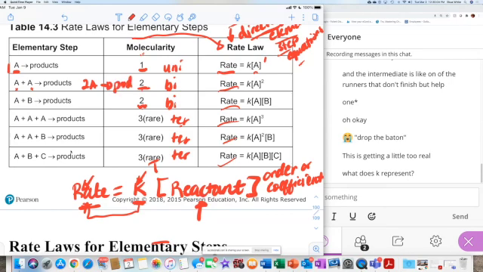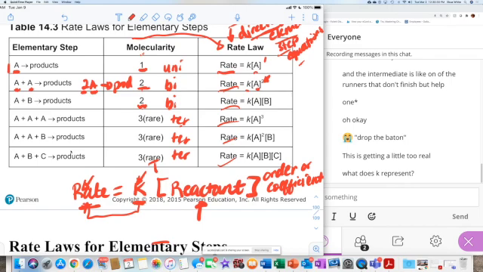So when they wrote the rate law, it's rate equal K, which is always there, then A is the formula for the reactant, and the coefficient becomes the superscript here and the order of the reaction. Okay, so since it takes twice the amount of A for this step, that means A influences the reaction rate even more.